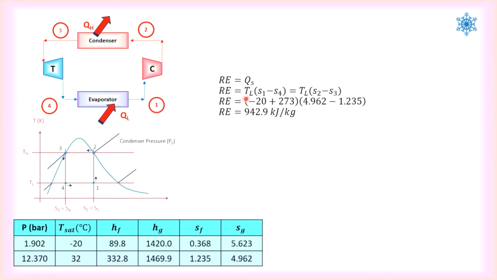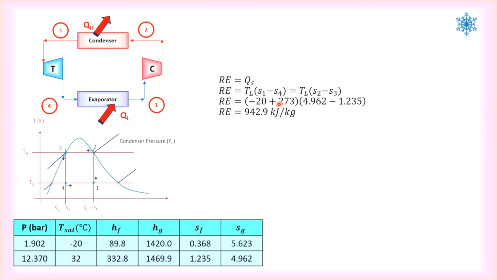I need the TL because I need to find this area. So TL is at negative 20. I need to know this height, so that is why you refer to the pressure 1.902 bar. That is the evaporator pressure, which gives you a saturation temperature of negative 20.